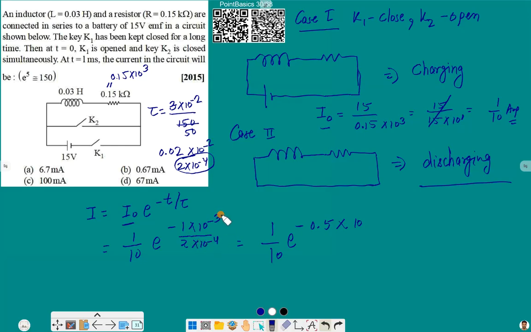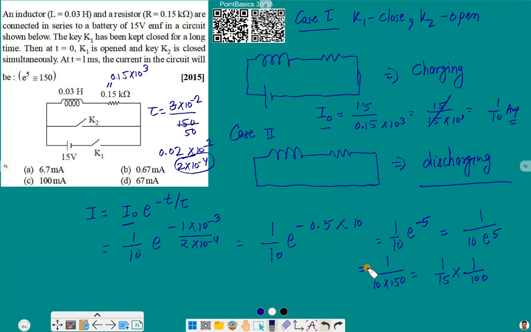This 10 raised to power 4 will go on top. So it will be basically 1 by 10 e raised to power minus 5, or we can write it like 1 by 10 into e raised to power 5, and e raised to power 5 is given 150. So it will be 10 into 150, or we can say 1 by 15 into 1 by 100.